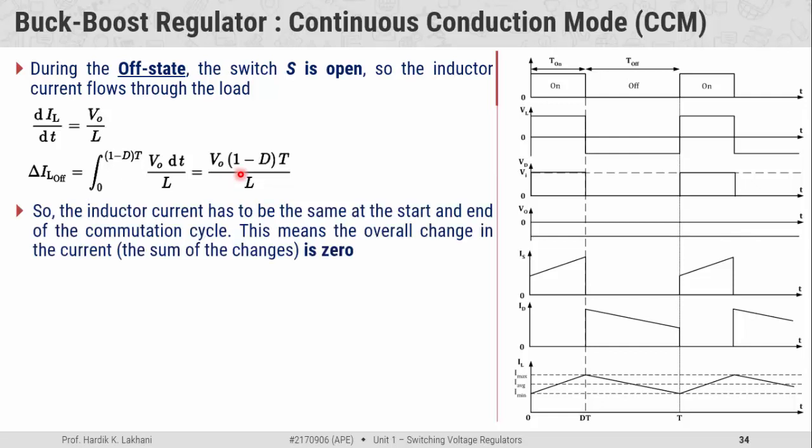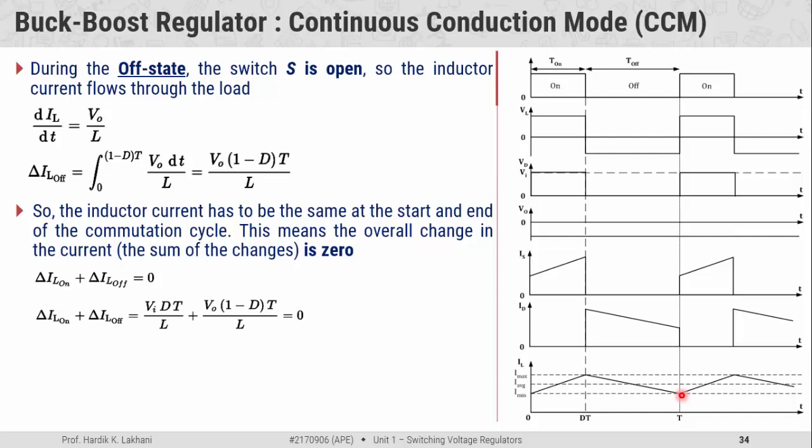So under the steady state condition, which means that current passing through the inductor at the beginning of the cycle and at the end of the cycle is the same. In short, the net rate of change of inductor current over one cycle period is equal to 0. So delta IL on plus delta IL off is equal to 0.